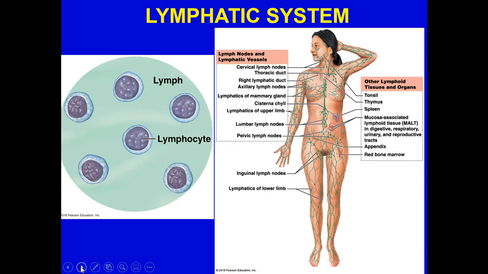Now, if you take a look here on this diagram, on the right side, you will see the diagram showing lymph nodes. Those are those little clusters there. And you also have lymphatic vessels, which you can see spread out throughout the arms, legs, as well as going through the thorax, head and neck.